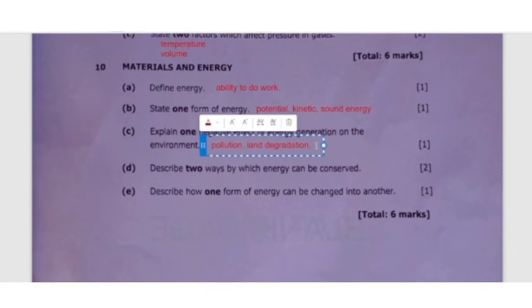And then there is also depletion of resources. So trying to generate energy, we end up finishing the resources, so the resources will get finished.